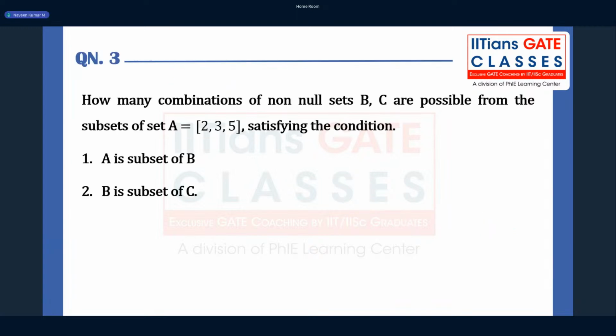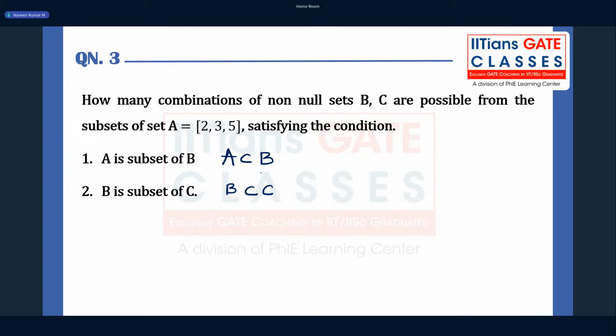And the third question is: how many combinations of sets A, B and C are possible from a set 2, 3, 5, satisfying the condition that A is a subset of B and B is a subset of C?